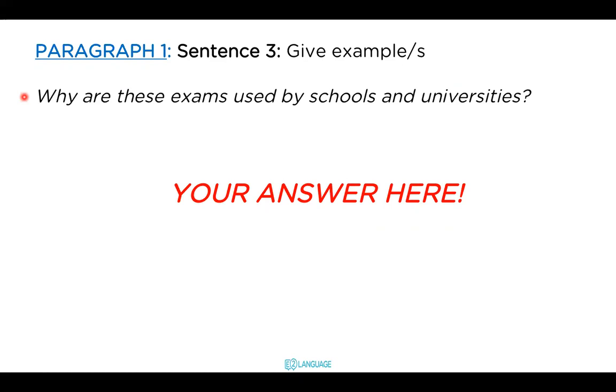The examples, by the way, should connect to your reasons. If you want, you can start the sentence with, for example.